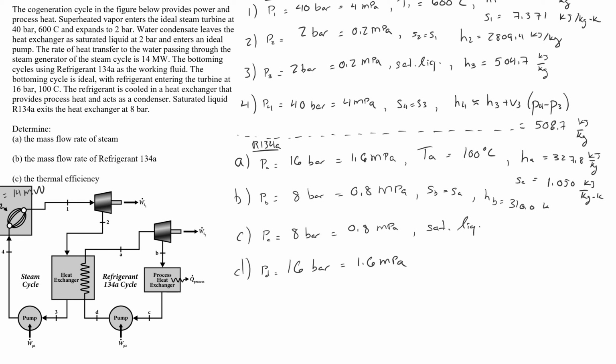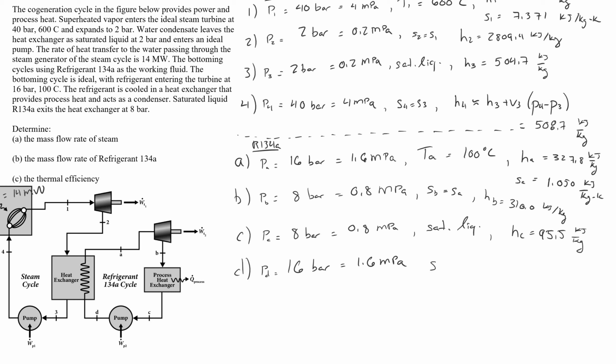It's 310.0 kilojoules per kilogram. Okay. So on to C. I know I've got a saturated liquid at 0.8 megapascals, so that's easily read from the table: 95.5 kilojoules per kilogram.